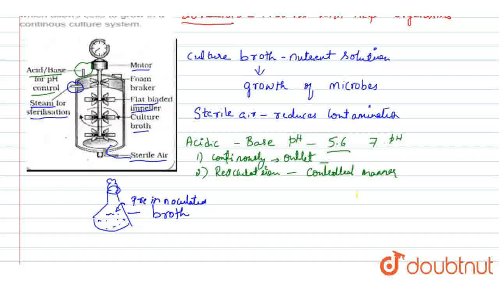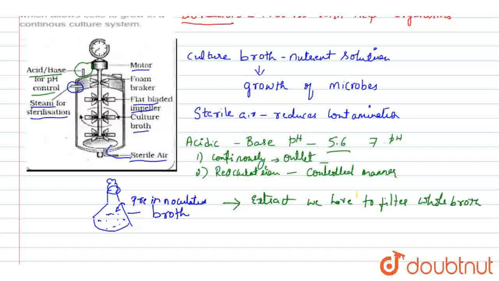The major difference between these two is that once the finished product, that is protein or enzyme, is finished, to extract it we have to filter the whole broth.